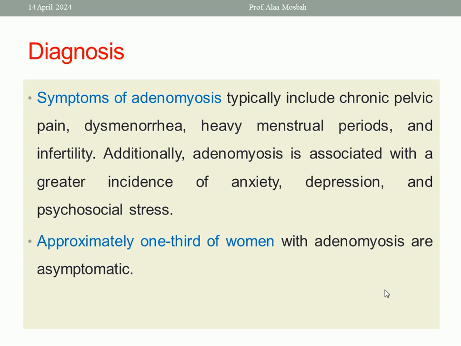During examination, the uterus is enlarged symmetrically in case of diffuse adenomyosis or asymmetrically in case of focal adenomyosis, and tenderness can be positive. So, an enlarged tender uterus may be symmetric or asymmetric.